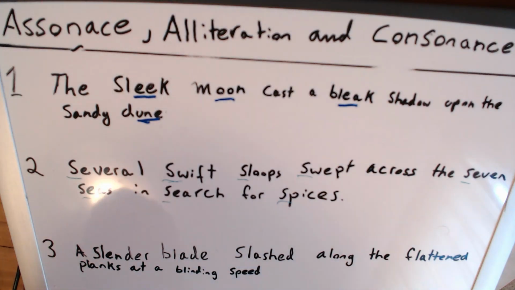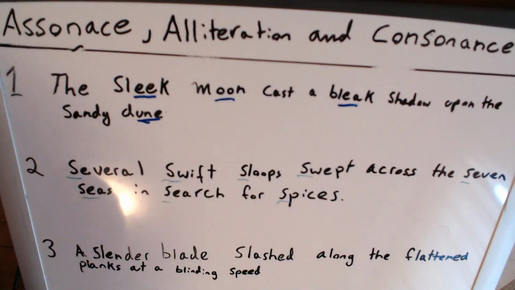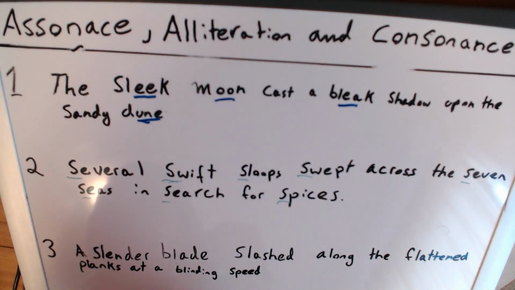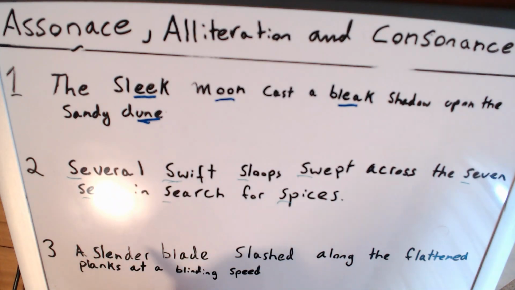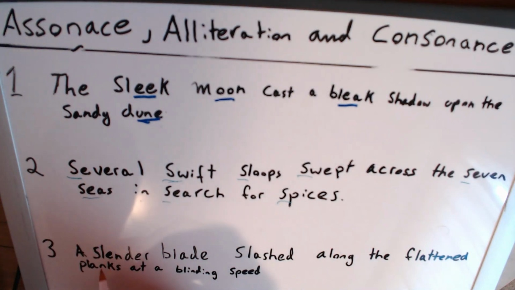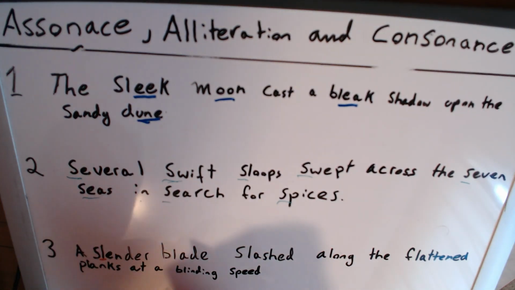And finally, for the last one here, I have my consonance. This one says, a slender blade slashed along the flattened planks at a blinding speed. So what letter do you think is being repeated here a lot? There are some assonance sounds you could even point out, or some alliteration as well, but there's also a great deal of consonance. And this L is really what stands out.